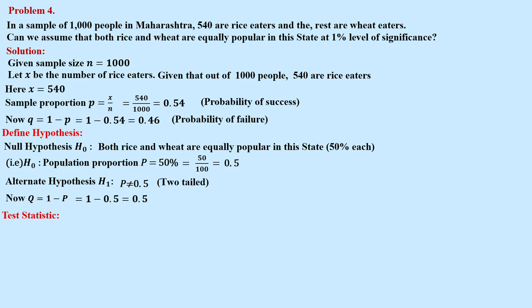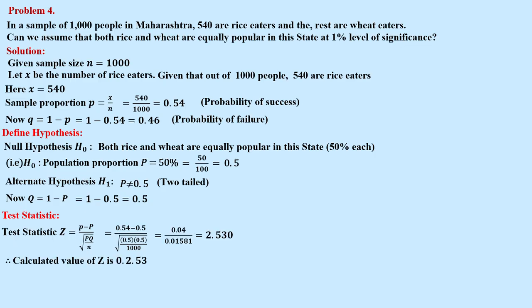Now the test statistic, z is equal to small p minus capital P by root of PQ by n. Substituting the values, 0.54 minus 0.5 by root of 0.5 into 0.5 by 1000, you will get 2.53.